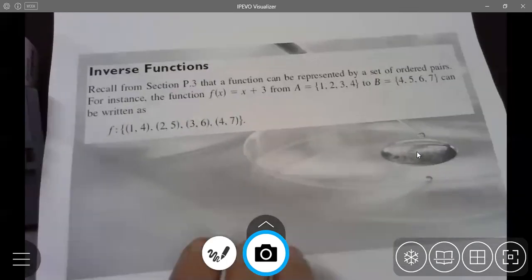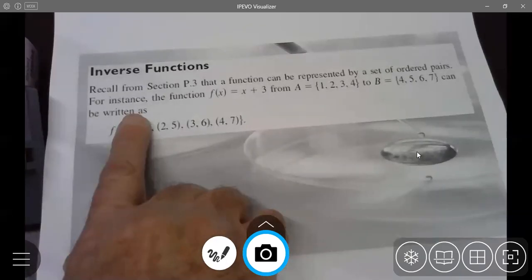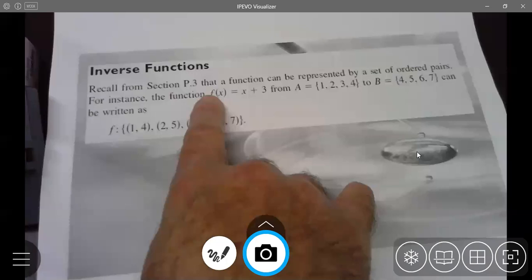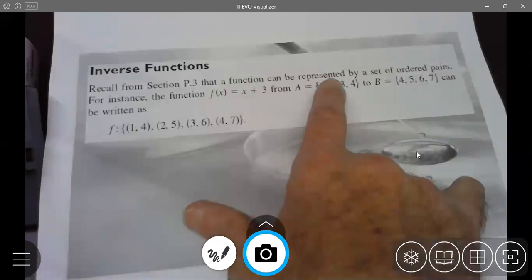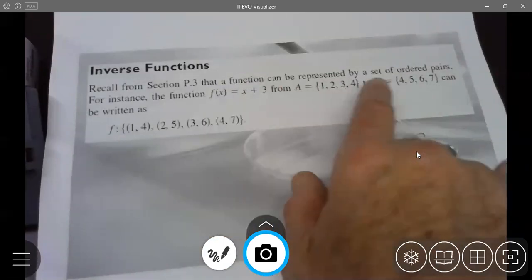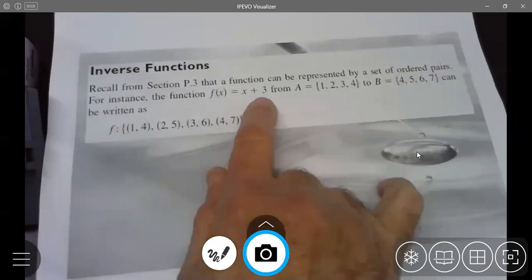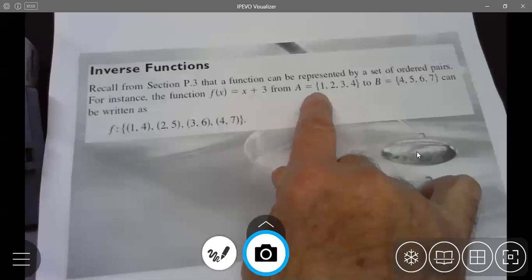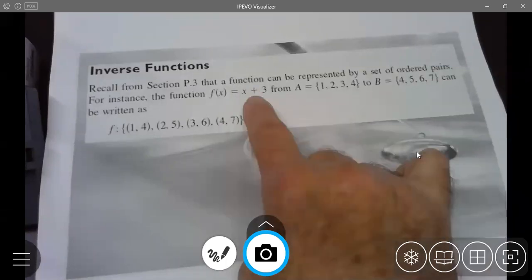So we recall section P3 way back in the beginning of the course, that a function can be represented, and when we were in chapter P, represented by a set of ordered pairs, such as f of x equals x plus 3. So if we put 1 in, you get 4 out, right? You put 2 in, you get 5 out.